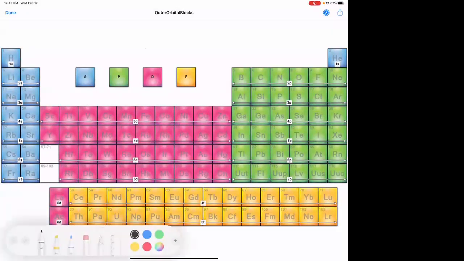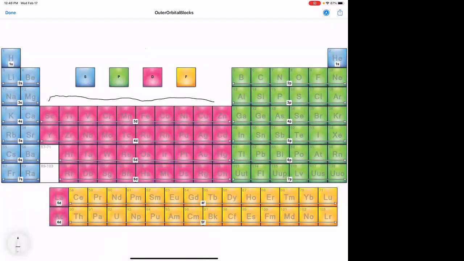These guys are my transition metals, and anything to the left or the right are my main group elements, okay? So these guys up here are main group.